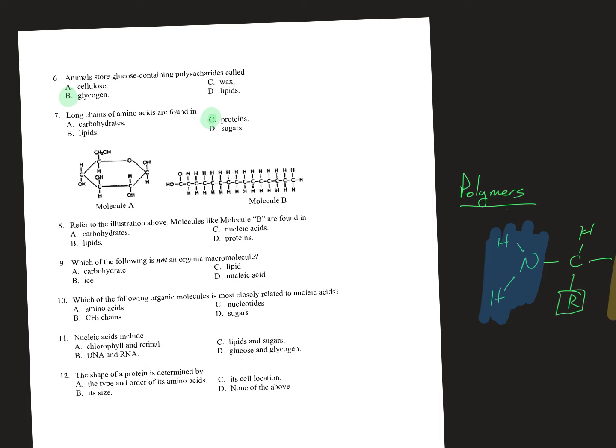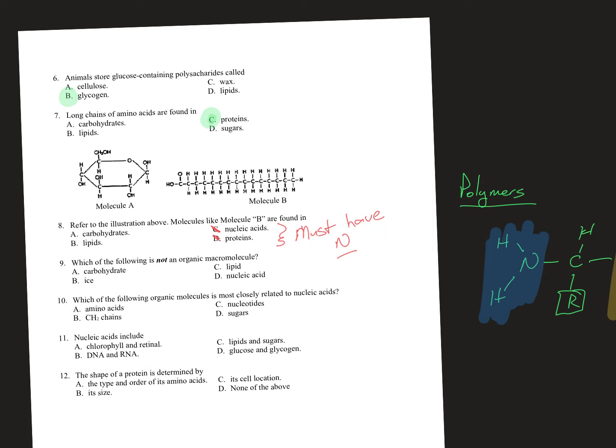Amino acids and nitrogen. Nitrogen is in both, isn't it? In proteins and nucleic acids. Do you see any nitrogen in either? Is there an N anywhere in that? No, there's no nitrogen. So these two are wrong because there's no nitrogen, and nucleic acids and proteins must have nitrogen. Without it, there's no amino acid or nucleic acid.